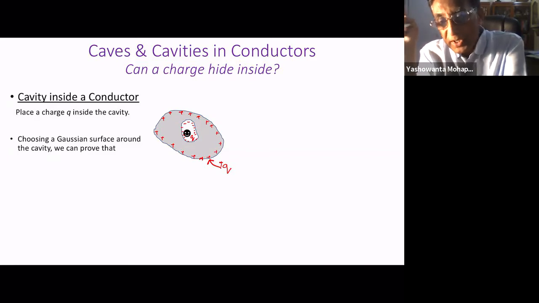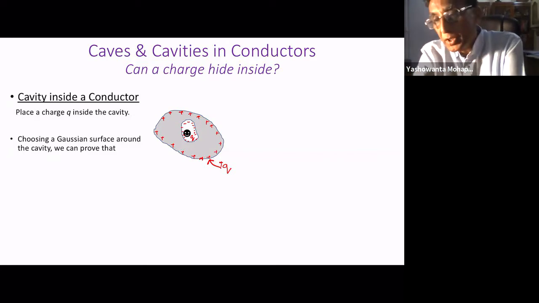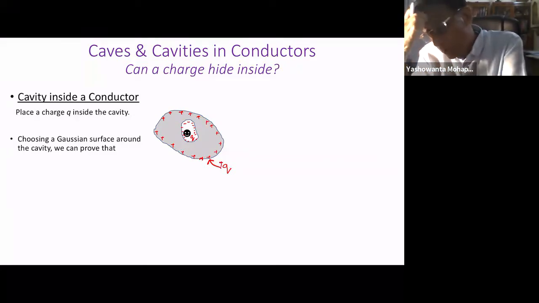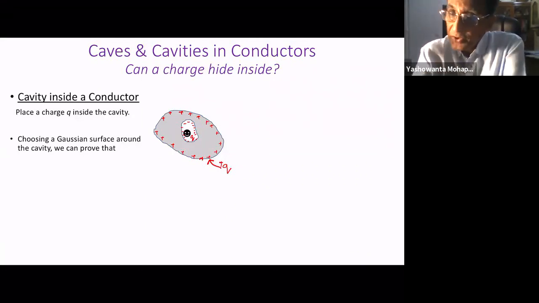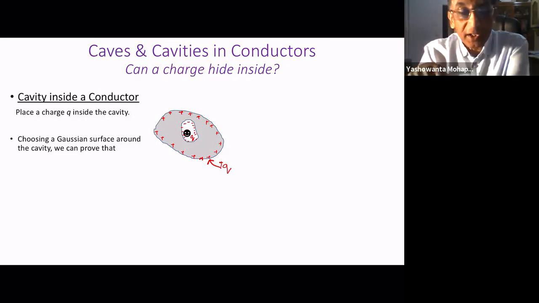But it can be made safe if we put it to ground, and then of course to make it zero, this outside charge will go away, and then it can be a safe haven for the charge inside.